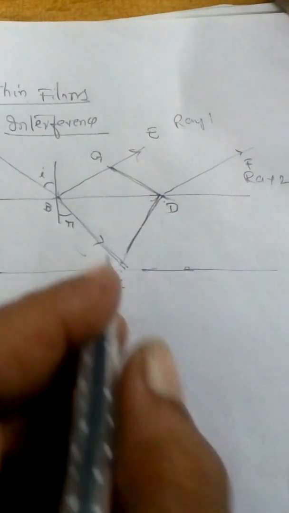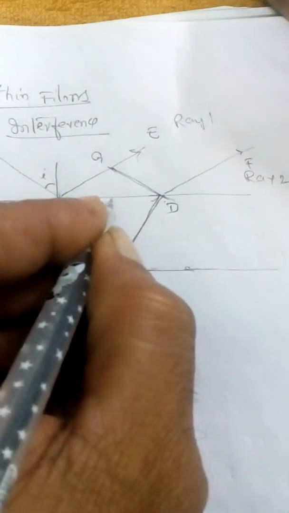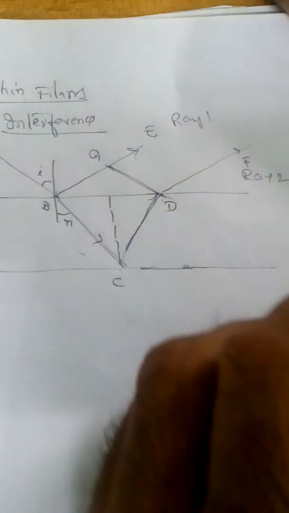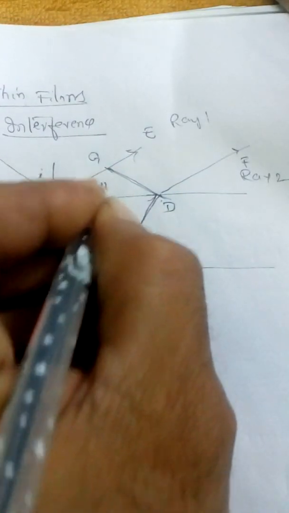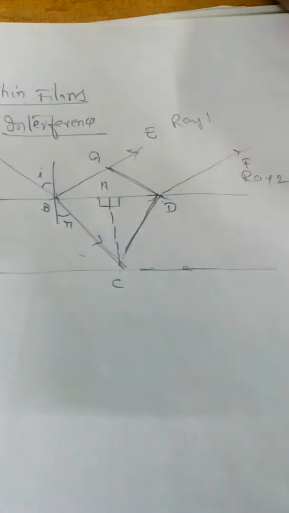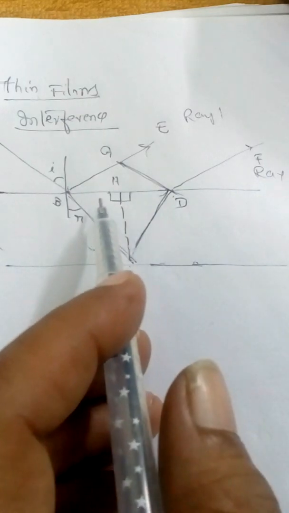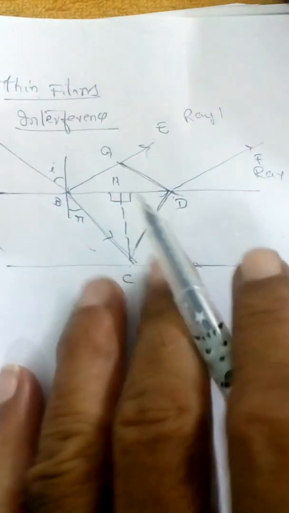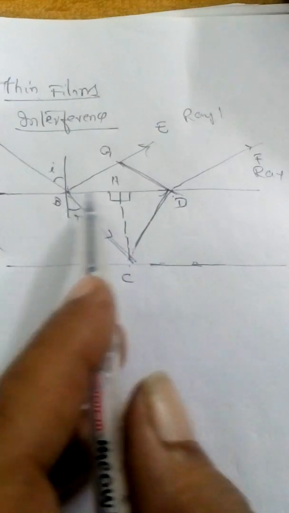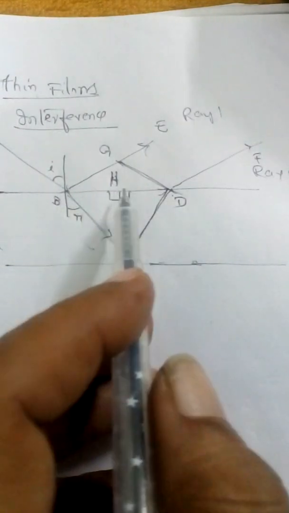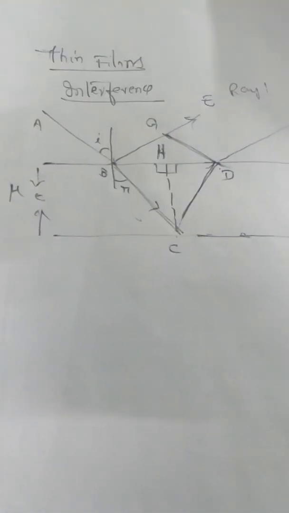So for calculating the path difference, geometrically I am drawing a perpendicular here, I call it DH. It is making a right angle here. This is basic logic. Now you have two triangles here. This is H. BCH is one triangle, CDH is another triangle. So hope you are clear about this logic.